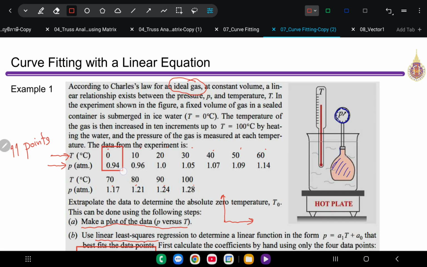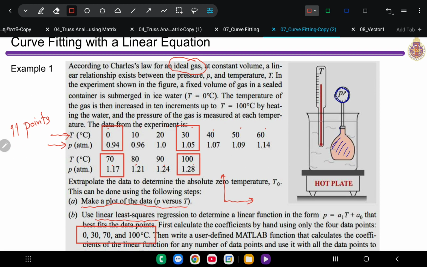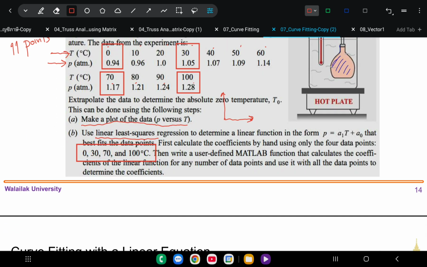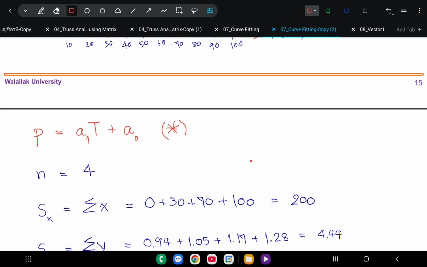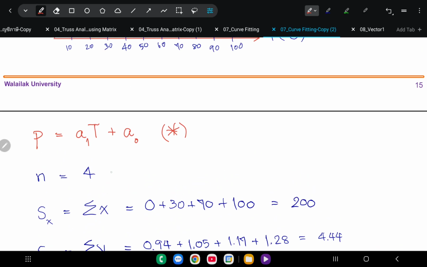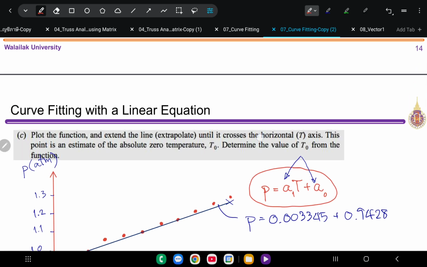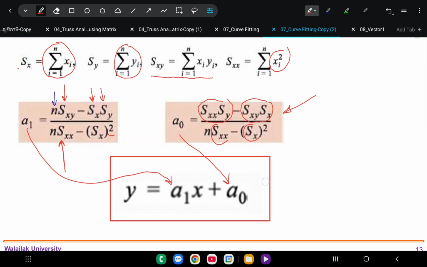So we have only 4 points to calculate the linear equation. So n is equal to 4. What is the next parameter we have to find? Sx.